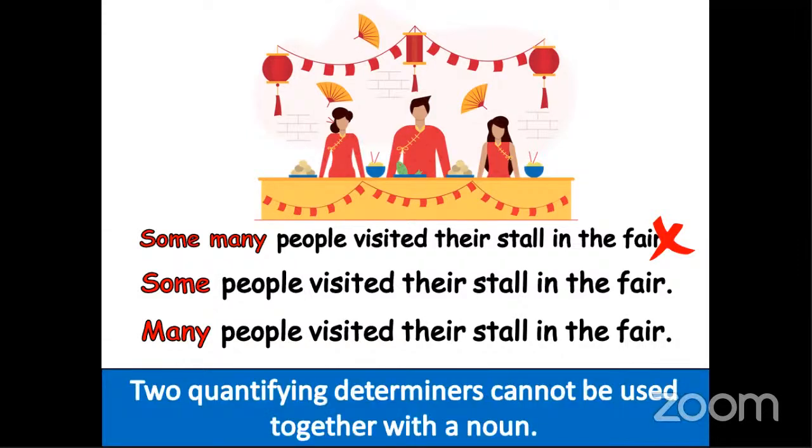Two quantifying determiners cannot be used together with a noun. Just like how you cannot have two identifying determiners together, in the same way you cannot have two quantifying determiners together.